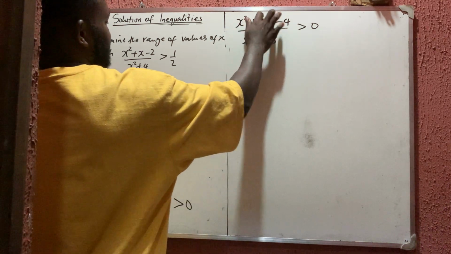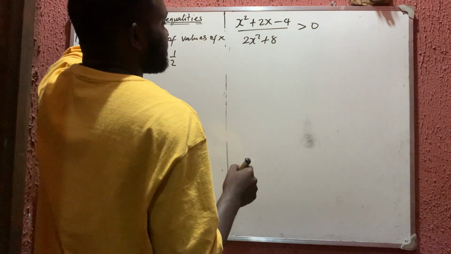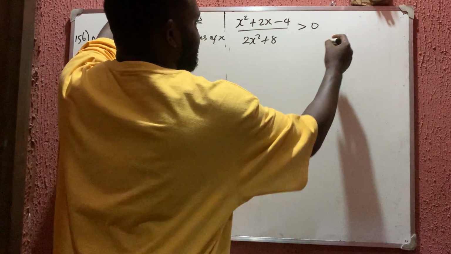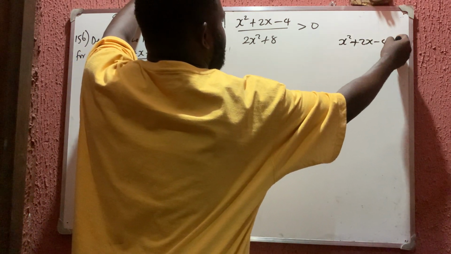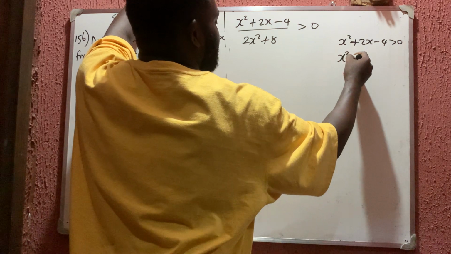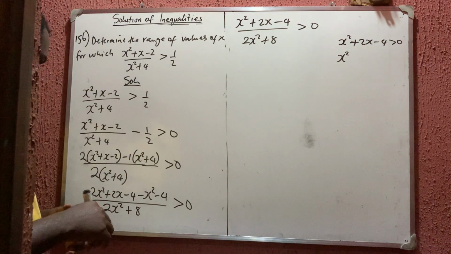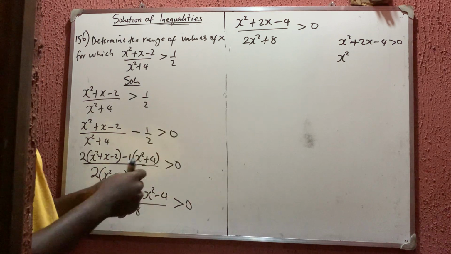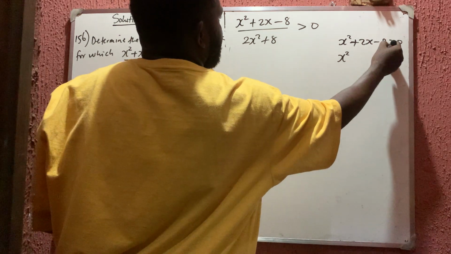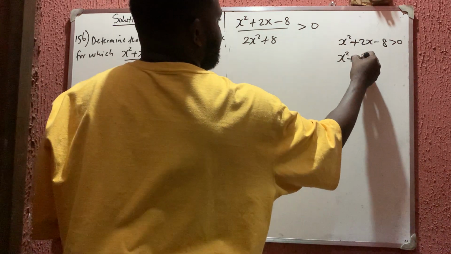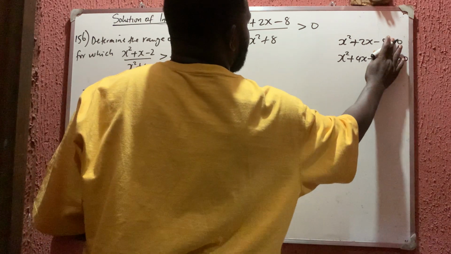So let us factorize this to get the critical points. I'm having x squared + 2x - 4 is greater than 0. How did I get 4? Okay, sorry, minus 4 minus 4 is minus 8. So I'm having minus 8 here. So x squared + 4x - 2x - 8 is equal to 0.